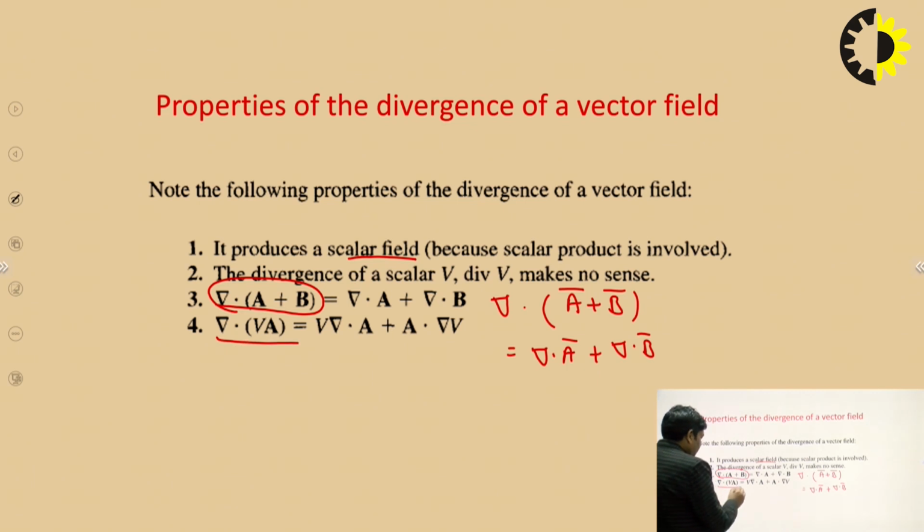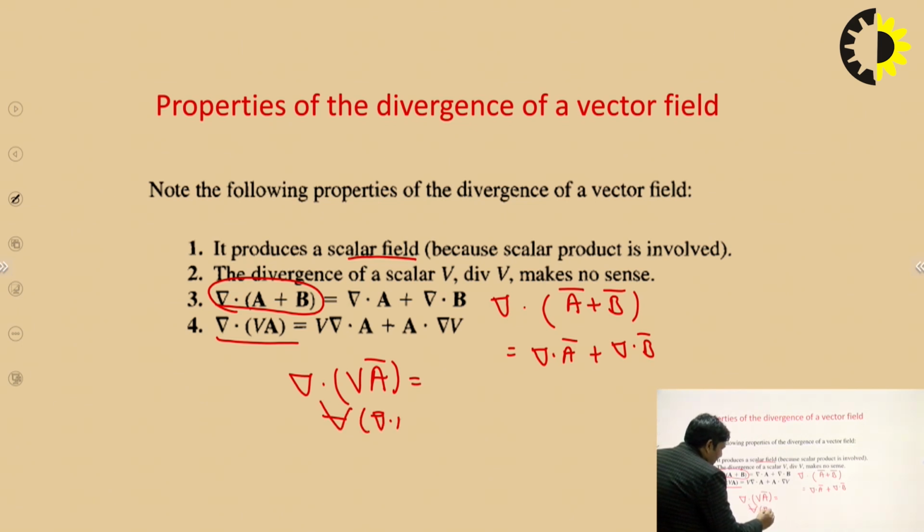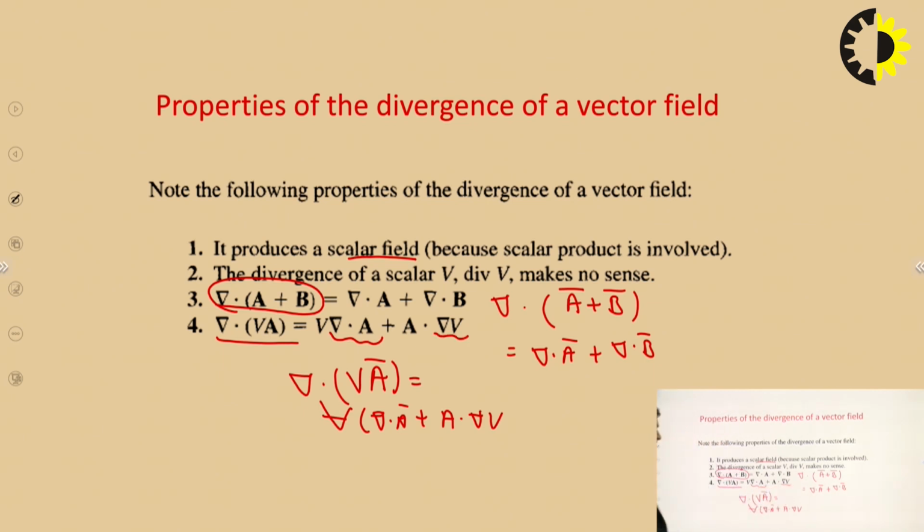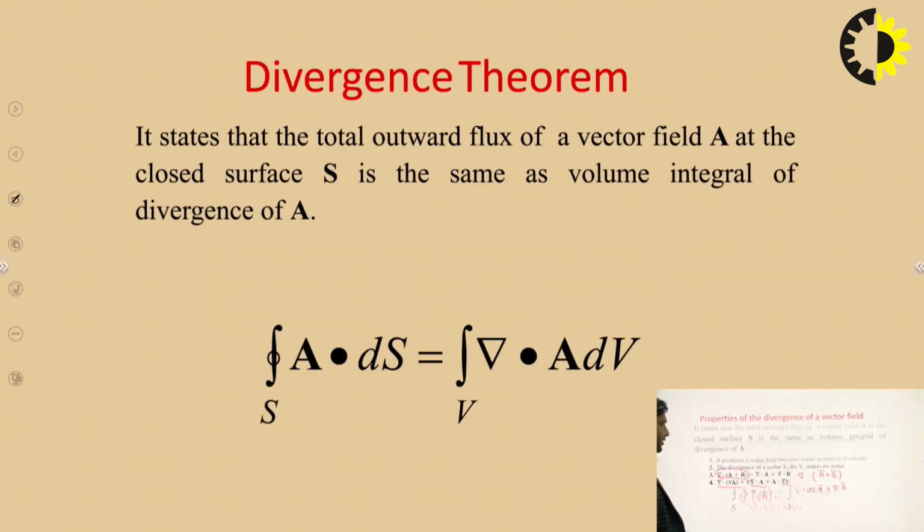Also, if we multiply a scalar field with a vector field, the identity is del dot of V A equals V into del dot A plus A dot del V. So this is the gradient, this is the divergence, this is the gradient. This is the identity to find the divergence of a vector field.